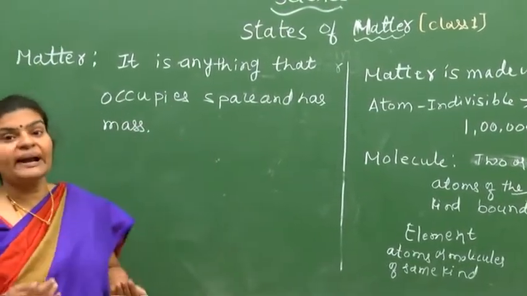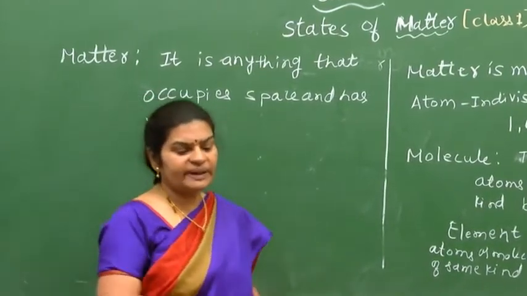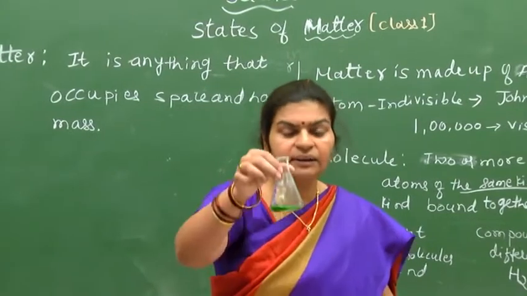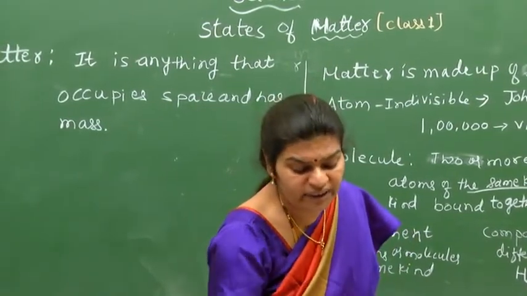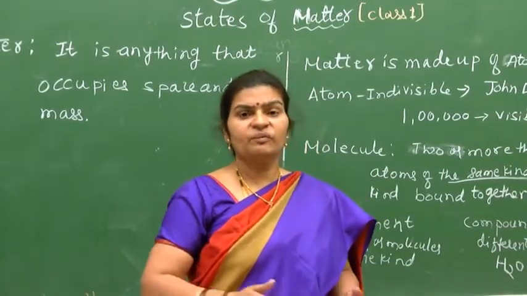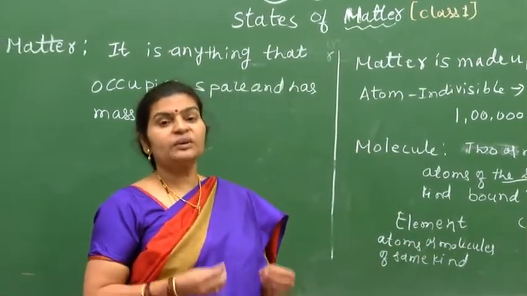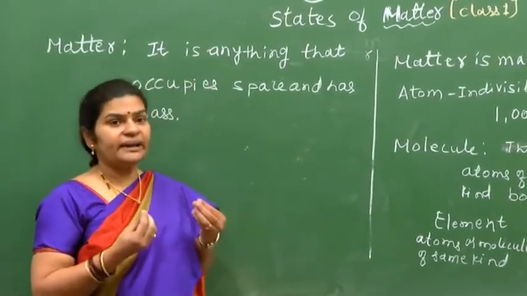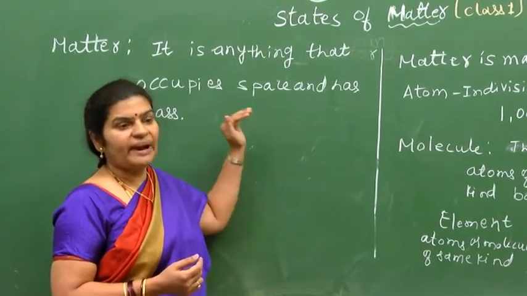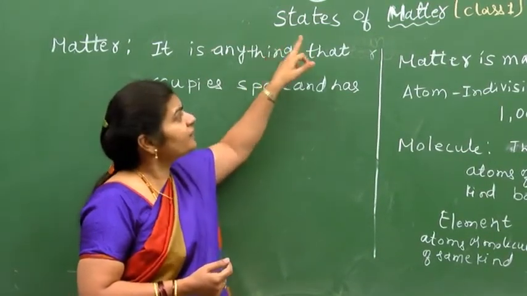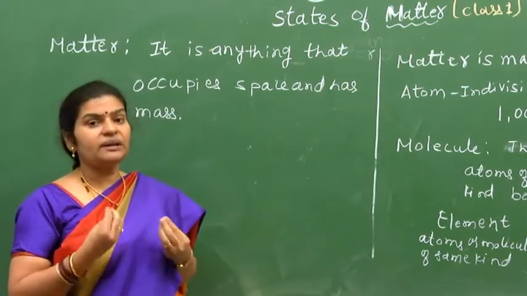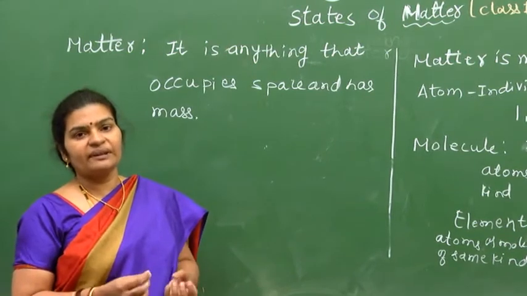But when we look at them, whether this thing, this green color chemical, the orange color chemical, or the glass, they are all one and the same, yet to our naked eye they appear different. Because of that, we have to study the different states of matter, and why they appear in different forms.